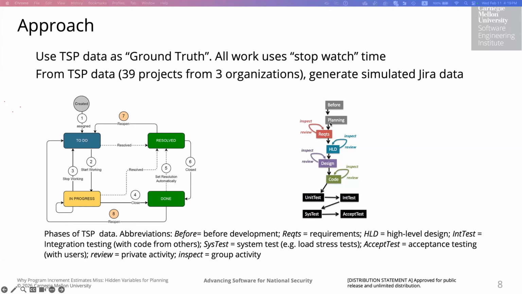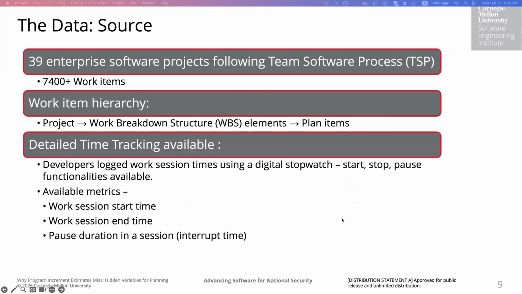It starts with planning, requirements, high level design, then design, code, then various tests, right? That's the typical process in TSP. The data set that we are analyzing for this project comes from 39 enterprise software projects, as I mentioned. That follows the TSP process.